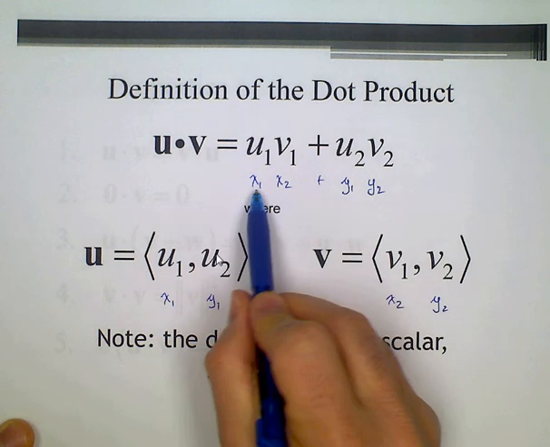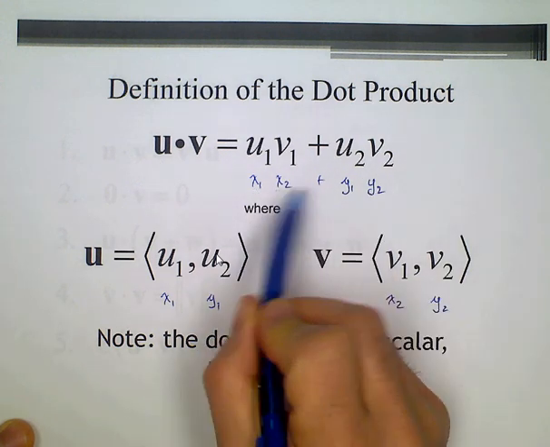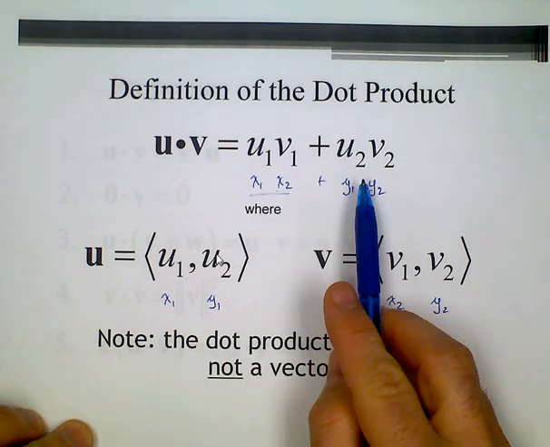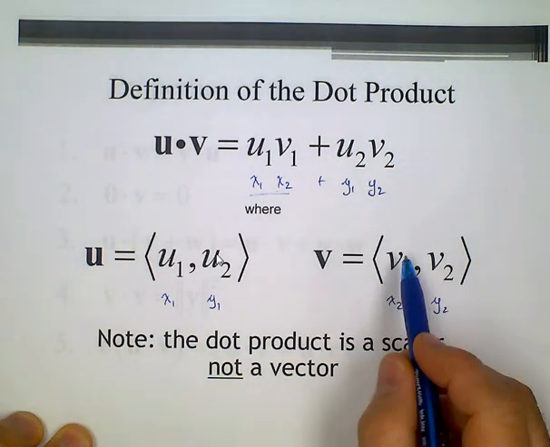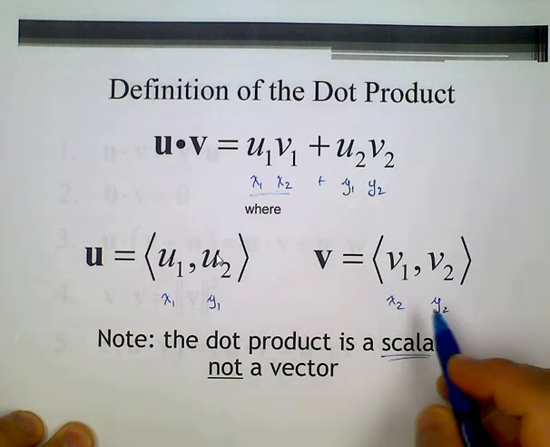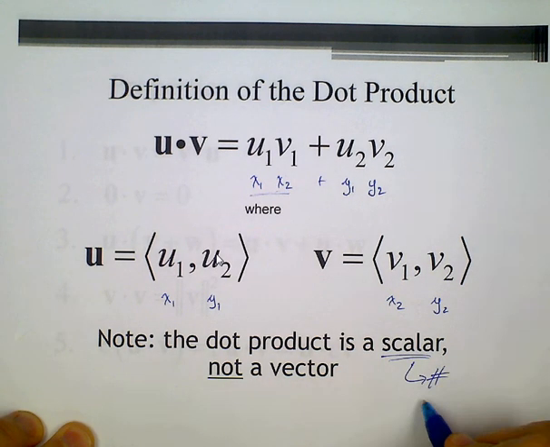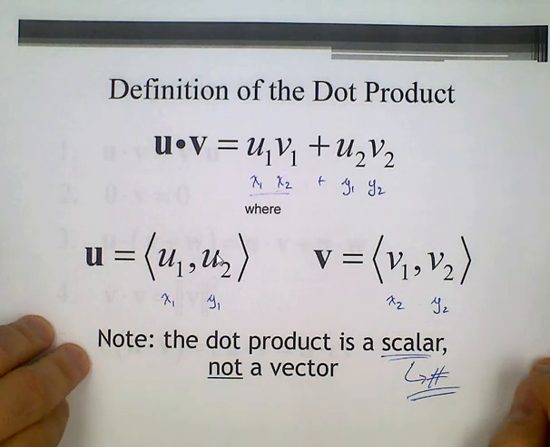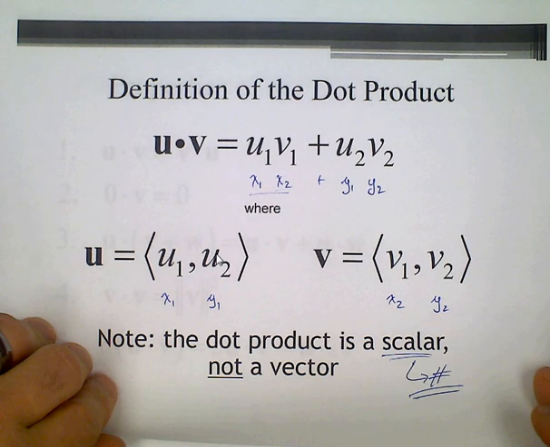In other words, it's the product of the x's plus the product of the y's, the product of the horizontals plus the product of the verticals. One thing to note, however, you will end up with a scalar, in other words, just a single number at the end of this problem, not a new vector. So when you take the dot product, you end up with a scalar.